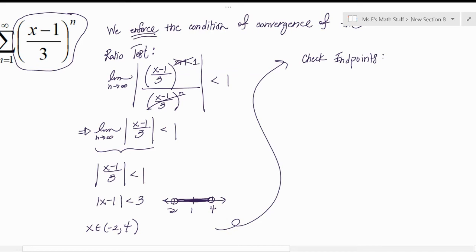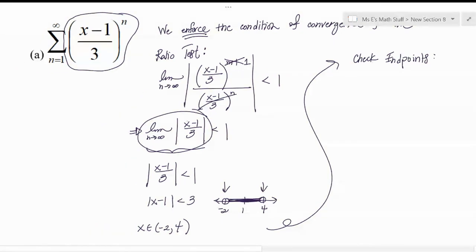If we didn't realize this was geometric, then the endpoints, meaning -2 and 4, would be the values that would make this limit expression be exactly 1. If you're not sure what I'm talking about, let's show that. If x was -2, then you'd have -2 minus 1, which is -3, over 3, which is -1, and then absolute value, and you get 1. So you would have gotten exactly 1 here. Same thing with 4. If you plugged 4 in, you'd get exactly 1 as well.